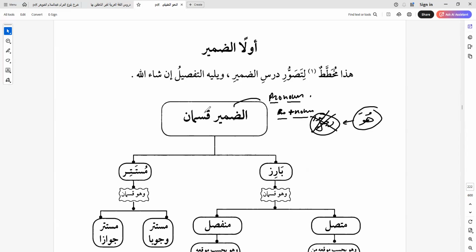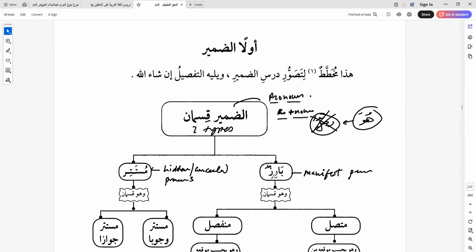But a damir in Lughat al-Arabiya has 2 types. We have bariza, which is manifest, and then we have mustatir, which is hidden or concealed. So we have damir al-bariz, and then we have damir mustatir.